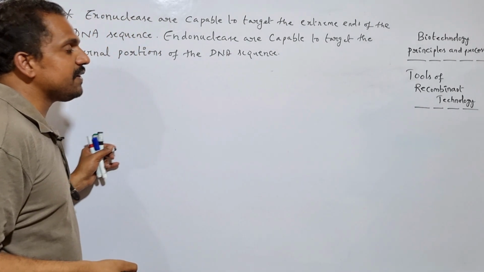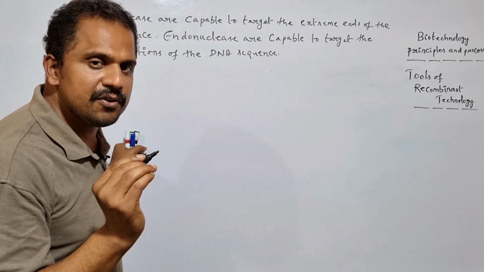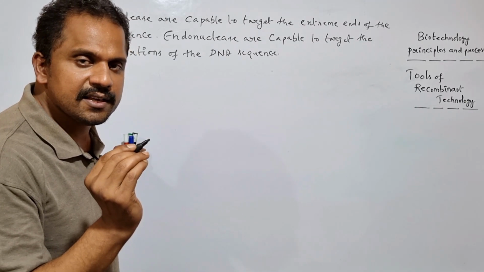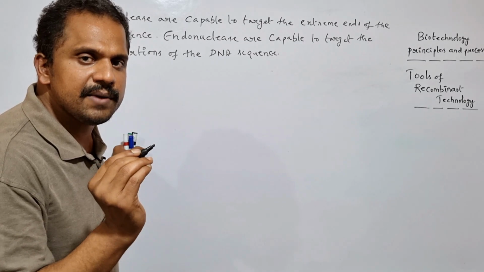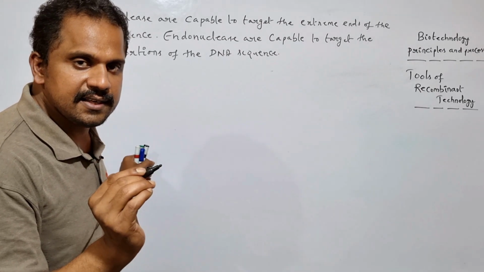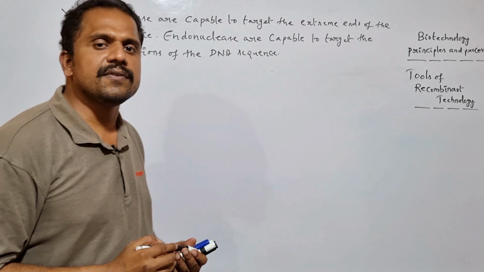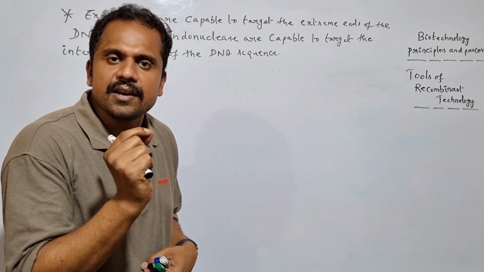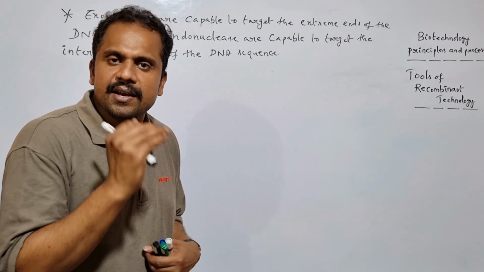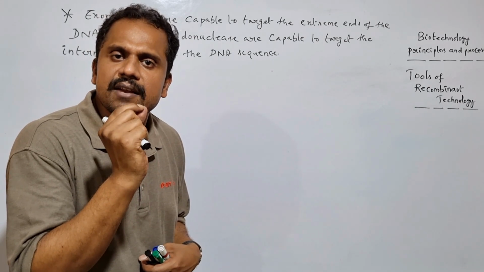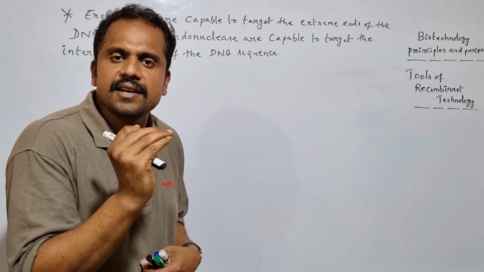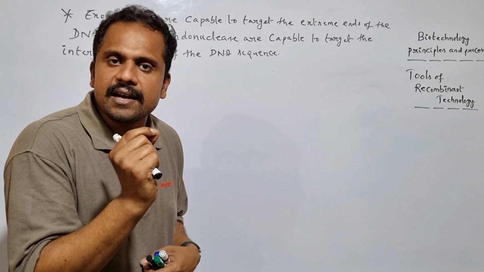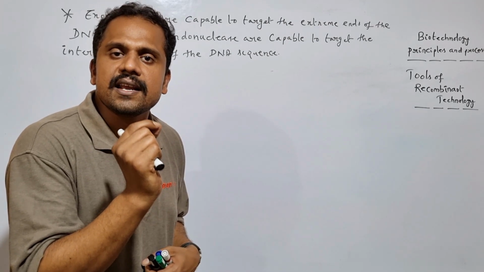So here the specific restriction enzymes, which may include exonucleases and even the endonucleases, they are capable to recognize the concerned DNA sequence by taking the advantage of a specific base pair sequence termed as recognition sequence. Each and every restriction enzyme is very site specific, so it recognizes the DNA sequence only by taking the advantage of recognition sequence or recognition site.